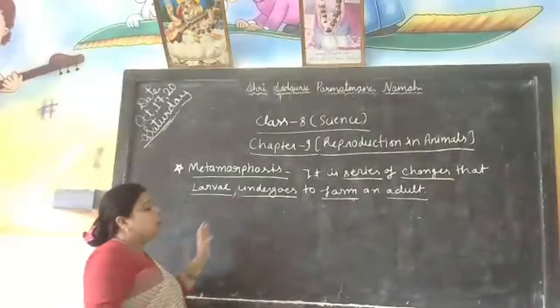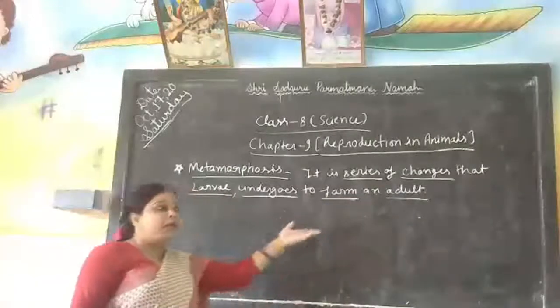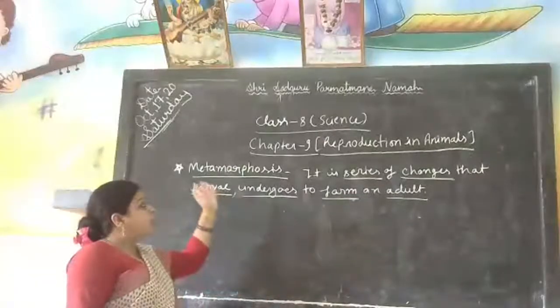Larva में जो है different changes होते हैं और adult बनता है, and these changes are included in metamorphosis.